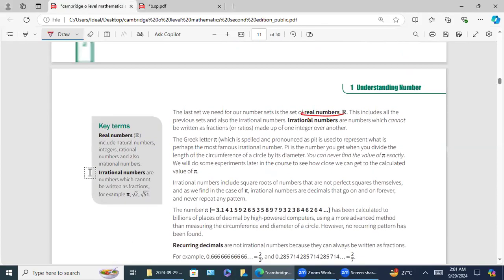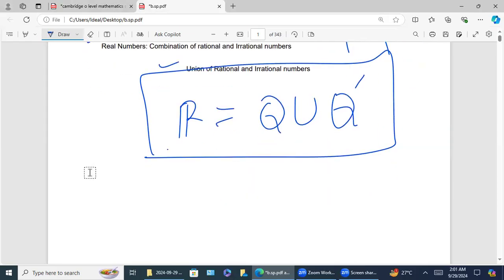And what is an irrational number? I have to define this.